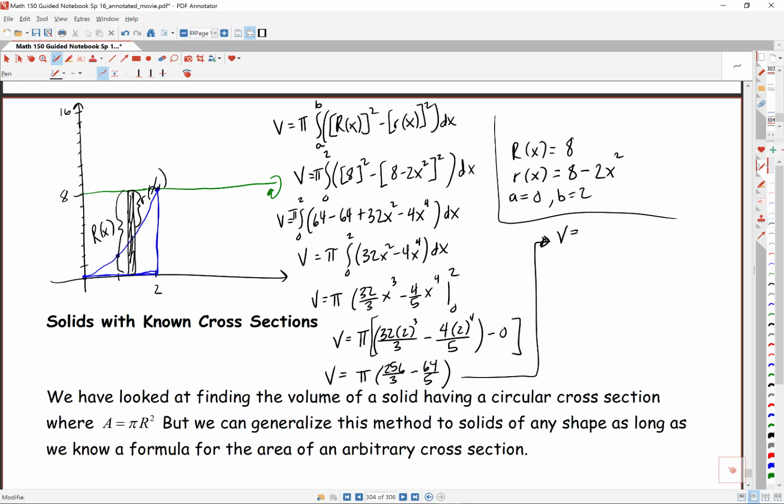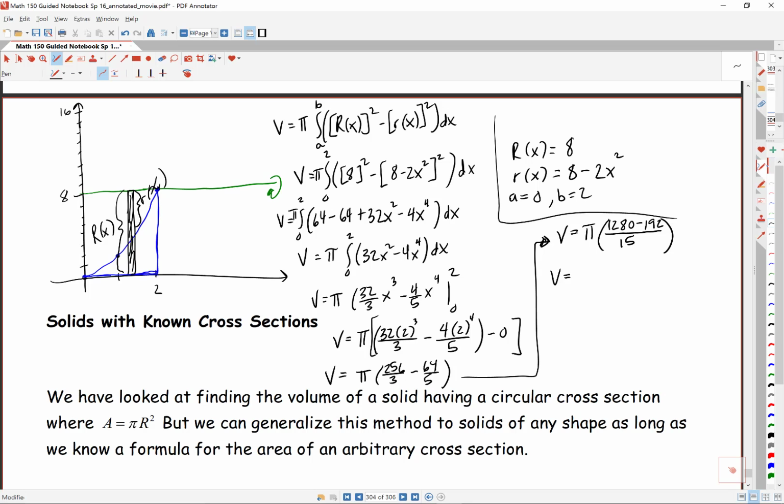So continuing, we will have our volume is pi times, getting a common denominator, we will have, let's see, it'll be over 15. So we'll have to multiply 256 by 5. So we'll get 1280, and then we'll be multiplying 64 by 3, so that'll be 192.